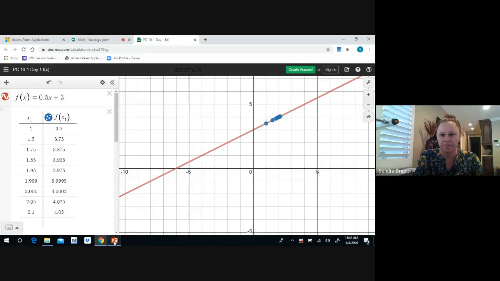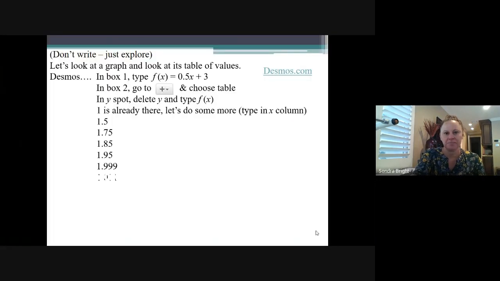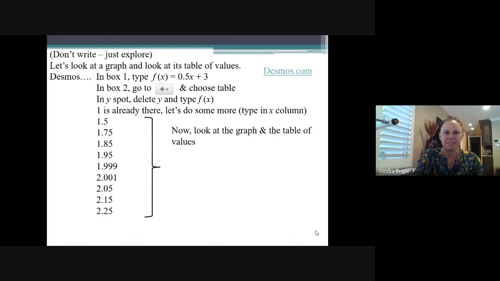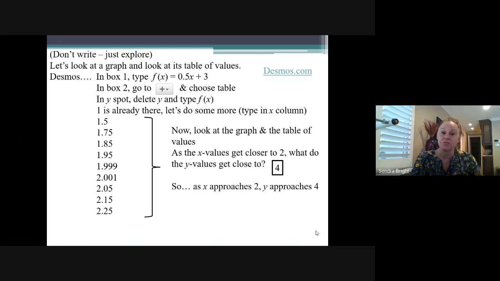That is what we're going to be looking at today: when we look at that table of values, as the x values get closer to 2, what do the y values get close to? 4. Yeah. And so as x approaches 2, we say y approaches 4.